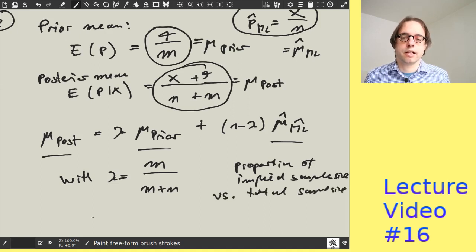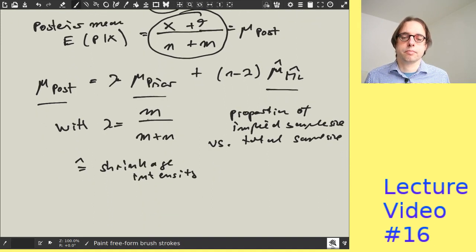And this is called the shrinkage intensity. Because m can be 0, but it can also go to infinity, in this case lambda is in the interval 0 to 1.